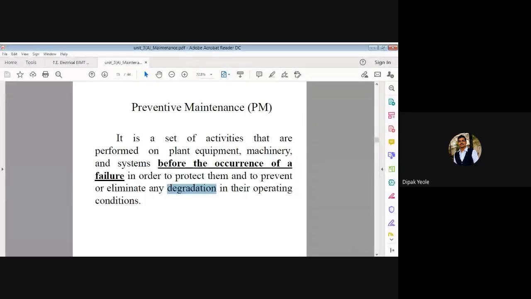Now, if we are using an insulator, and that insulator loses its property, obviously it turns into a conductor. That conversion of insulator into conductor is not acceptable to us.